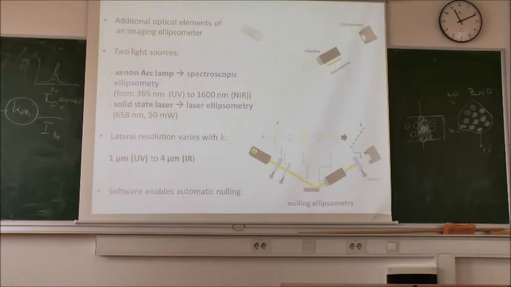The lateral resolution of the system varies with the used wavelength, and so the ellipsometric measurements in the UV region can be performed with a lateral resolution of 1 micron, while at larger wavelengths the lateral resolution is lower.